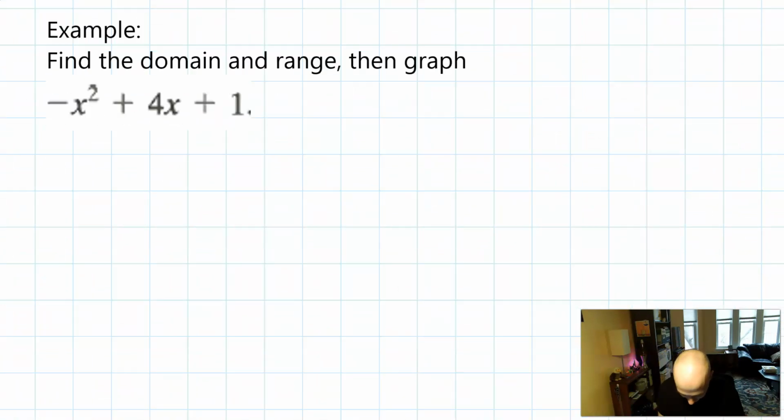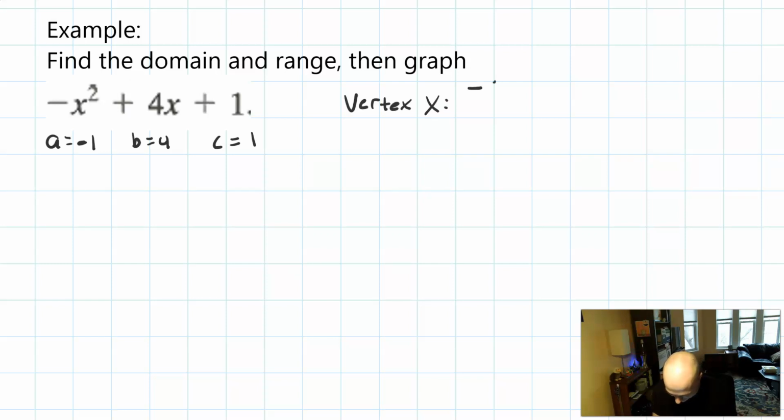All right, so in this one, the a is negative 1, the b is 4, and the c is 1. So the vertex x is going to be negative b, negative 4, over 2a, so 2 times negative 1. So the vertex x-coordinate is going to be at 2.